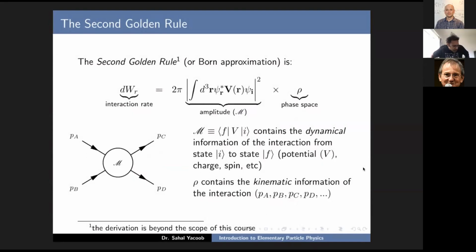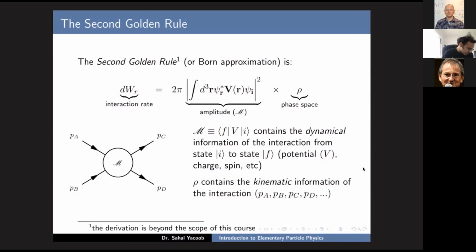Just some reminders of some ideas we went over in the last lecture, because we didn't really get to the end of it. Our interaction rate is defined by an amplitude, which includes the probability of a transition from our initial state to our final state based on a potential, times some phase space integral, which is the bit that takes into account the kinematics of the problem: what are the initial and final momenta and energies of the particles.